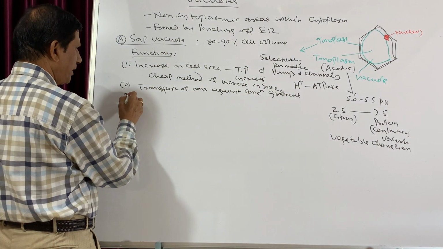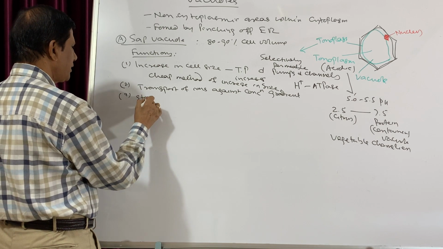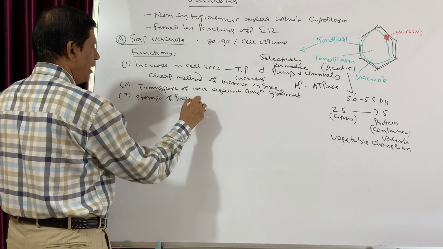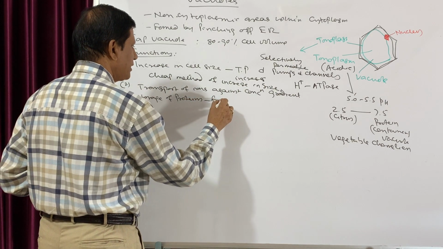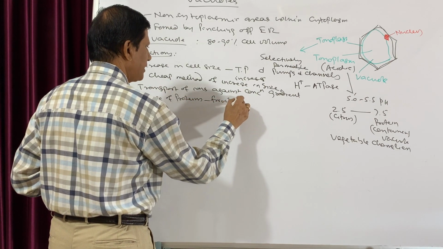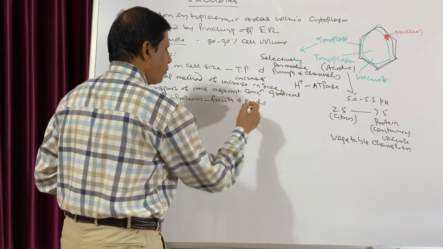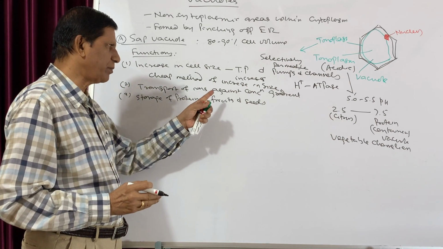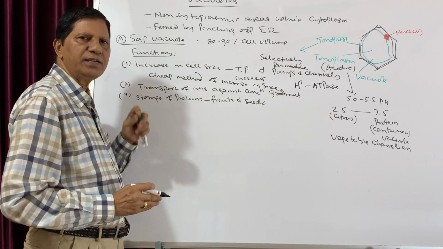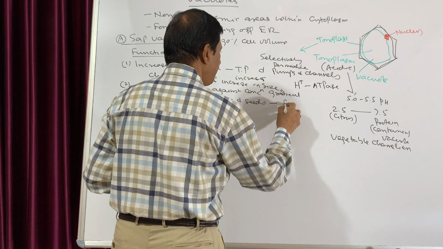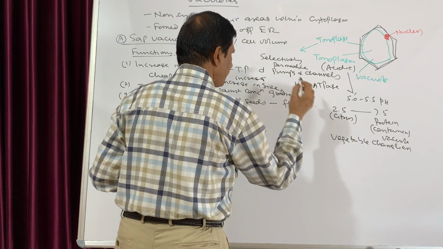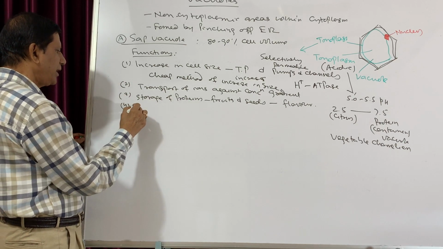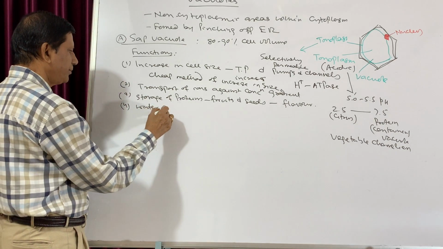Then the third important function is storage of proteins, particularly in fruits and seeds. The fruits and seeds provide a particular flavor, and that is due to the storage of proteins in the sap vacuole. That is one important point. Then another important point is that it contains water soluble pigments.